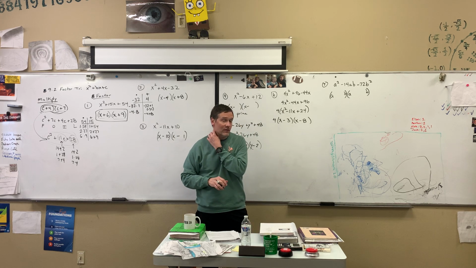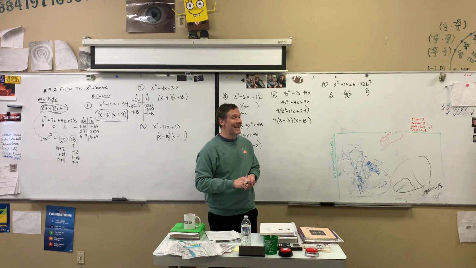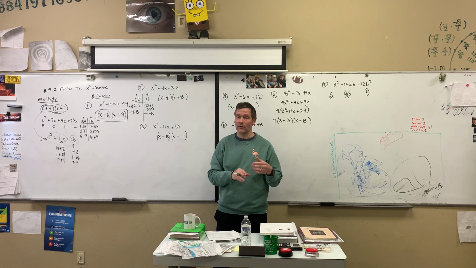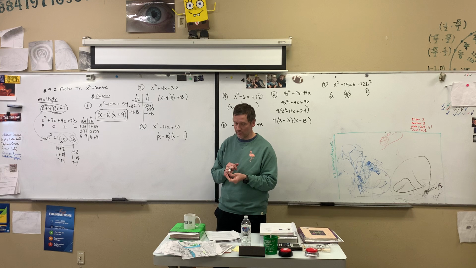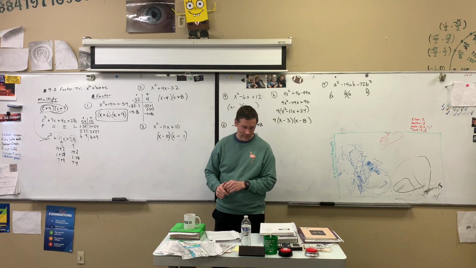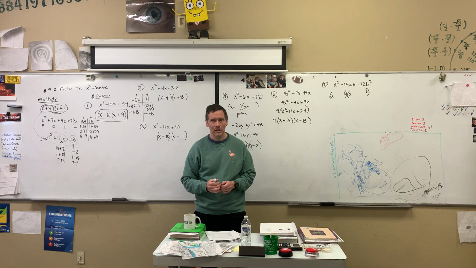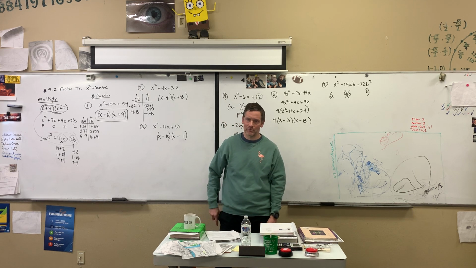So now it's doing the same thing, you're just asking, what times what gives me a negative 72 added together gives me a negative 14. It's not prime, okay? So brainstorm, do it on your paper, try to get the value, it's not extreme. 1 and 72 is out, right? Does not work.